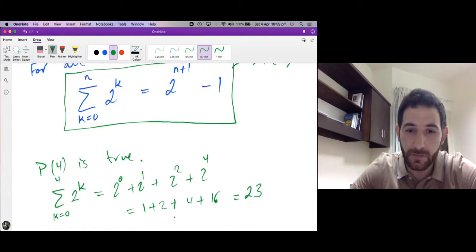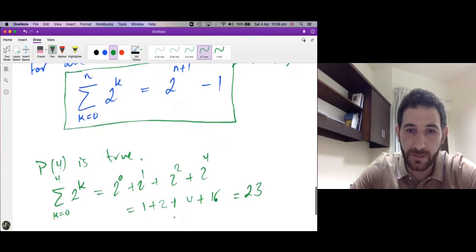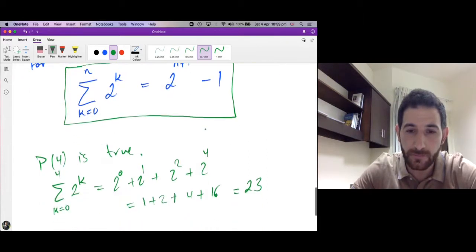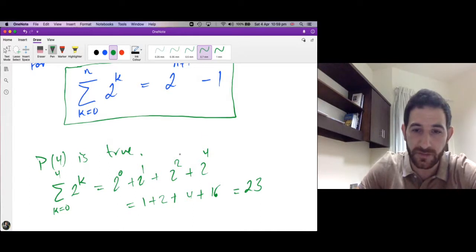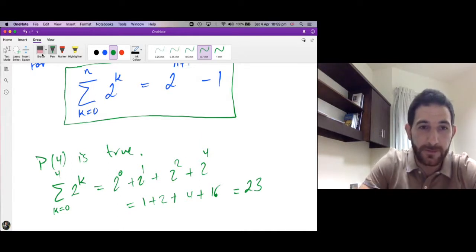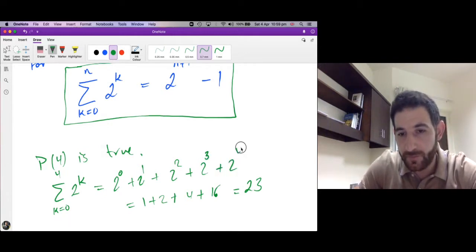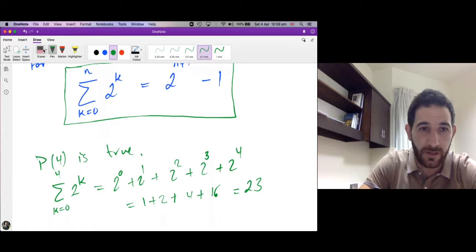Now, is this equal to 2 to the power 5 minus 1? No, because I'm missing something, right? I'm missing 2 to the power 3, and here we are missing an 8.